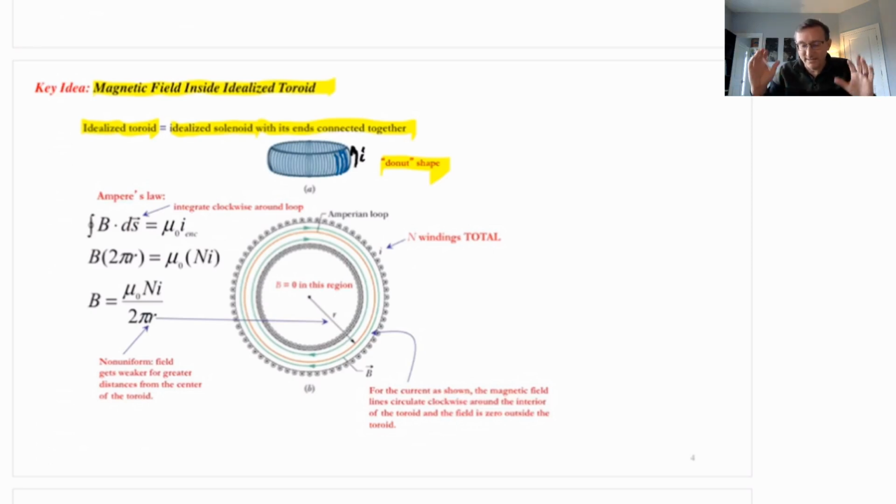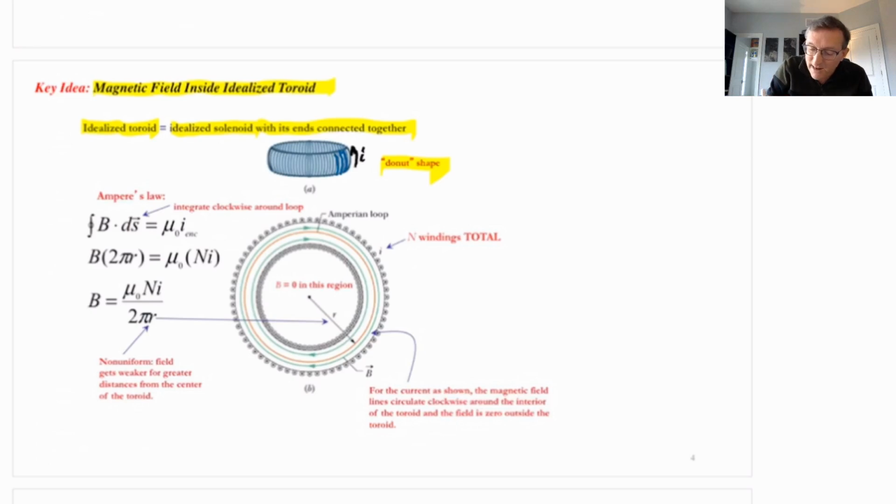Now imagine looking down on the toroid from above and take a horizontal cross-sectional slice through the middle of it. And pretend you could peel the top half off so that you see just the bottom half. It looks like this second picture, with all those windings of wire now looking kind of like little mini circles.